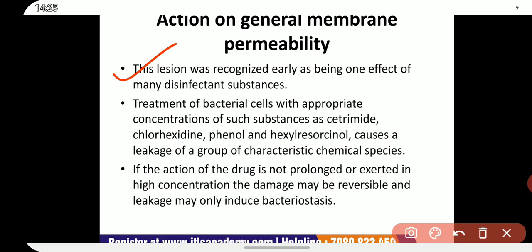This lesion was recognized early as being one effect of many disinfectant substances. The membrane, as well as providing a dynamic link between metabolism and transport, serves to maintain the pool of metabolites within it.